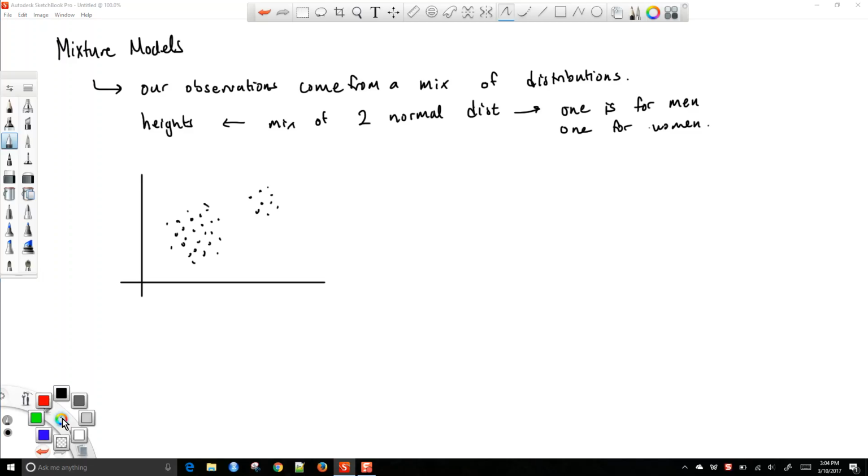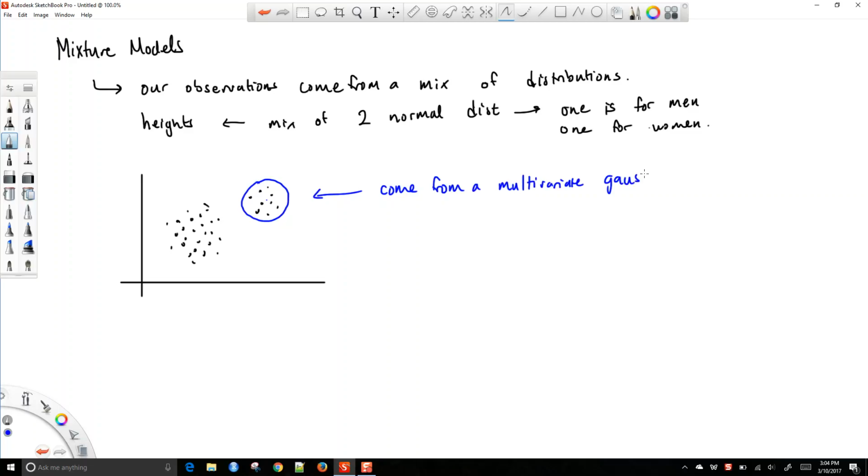And we could say these points come from a multivariate Gaussian, a normal with a mean and a sigma matrix.